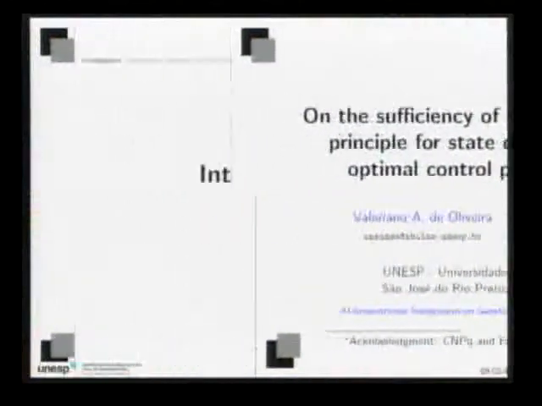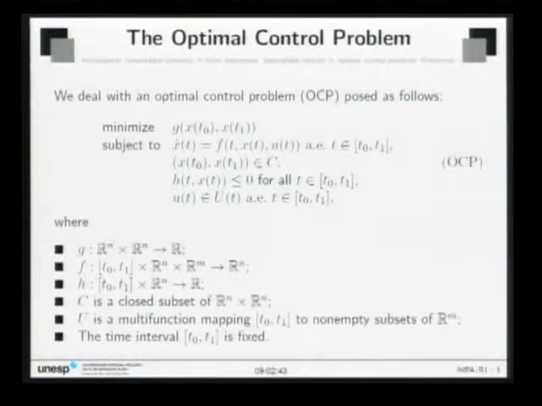Okay, so the object is an optimal control problem. Here we are minimizing a function g, which depends on the initial state and the final state. We have a dynamical system here, which depends on the control.